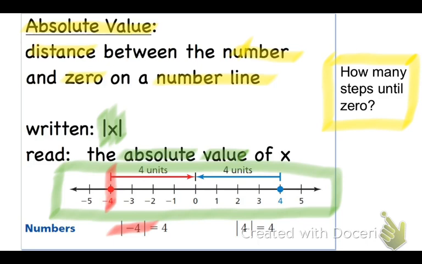So the answer of the absolute value of -4 is 4. Now I'm going to change my highlighter color to blue to match the absolute value of 4. Again, I'm going to start at my number 4, and I'm going to take my steps to 0. 1, 2, 3, 4. How many steps did I take? I took 4 steps, so the answer to the absolute value of 4 is 4.